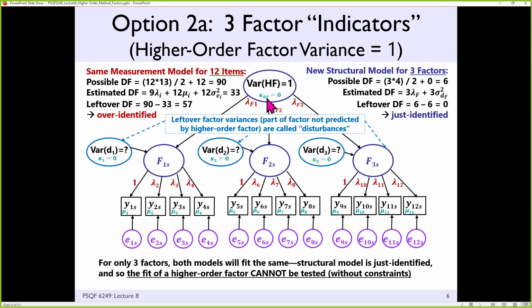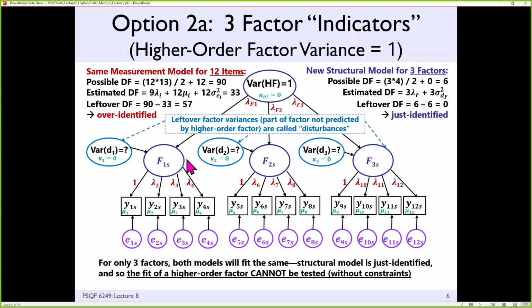This thing up here is called a higher order factor or a second order factor. Take your pick. It is thought of as the reason why people have the scores on factor 1, 2, and 3 that they do. And factor 1 is the reason why people have the scores on items 1, 2, 3, and 4 that they do. So it's like this trickle-down system of expectations here.